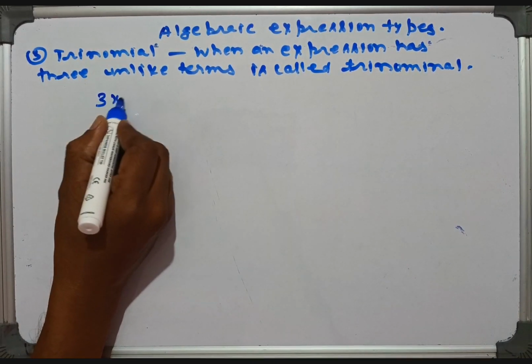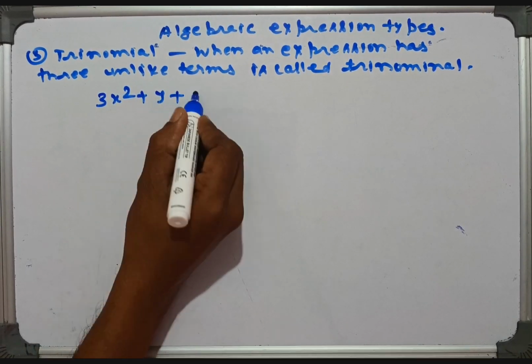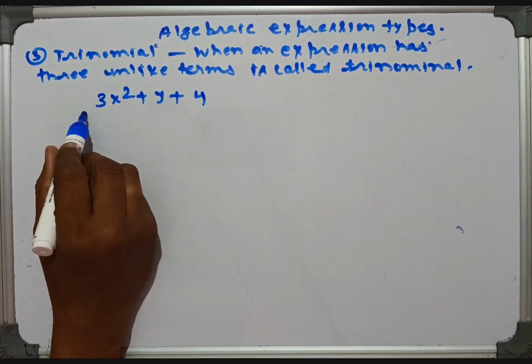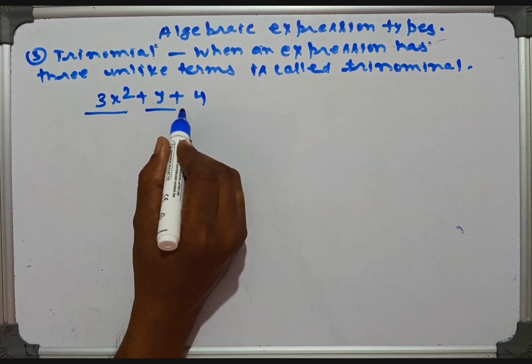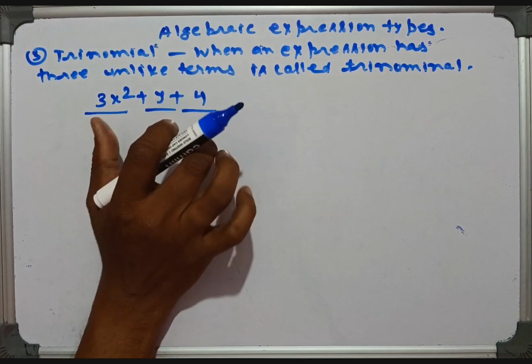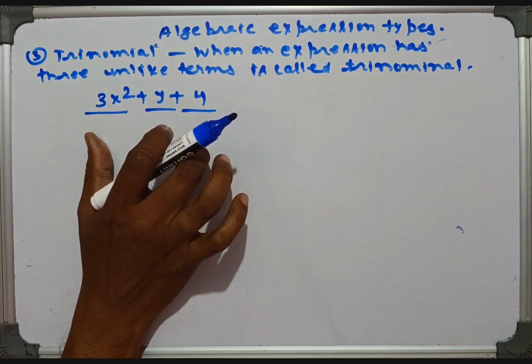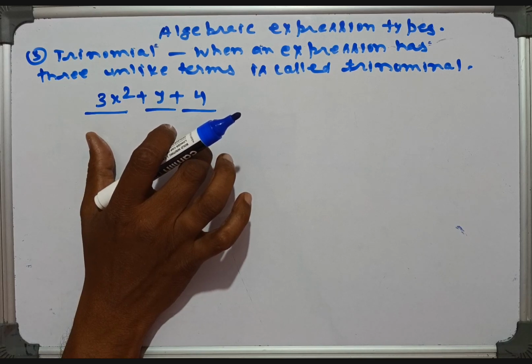See, 3x square y plus 4. All the terms differ from each other, so this is an example of a trinomial algebraic expression.